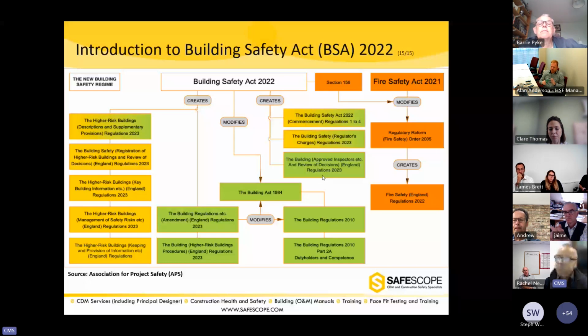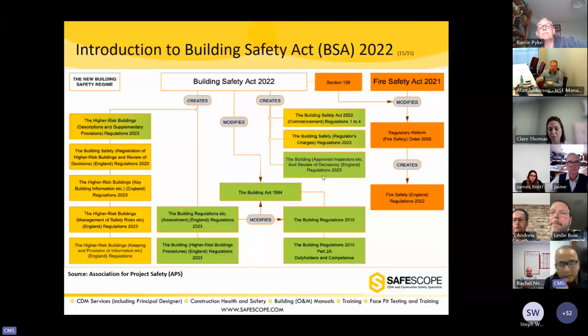Hence a huge change in how building regulations are applied and complied with, particularly in England. These regulations in the first instance apply to England only, and parallel provisions are being put in for Wales, Scotland and Northern Ireland, but at the moment the focus is on England.